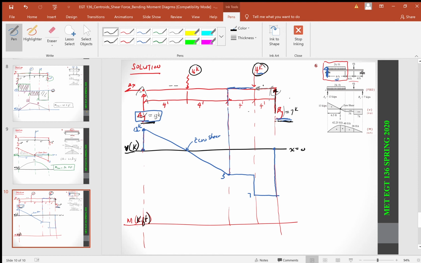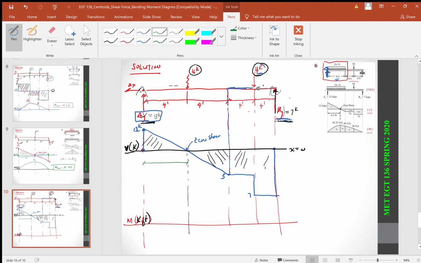Now, as I said before, we want to take the area of these different geometric shapes. But we don't know the distance from here to here. Please do not assume that's going to be 4. Please do not assume that.